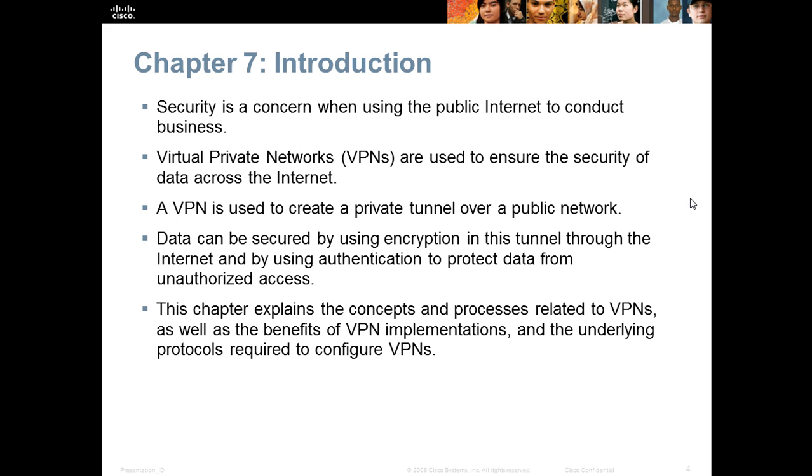Data can be secured by using encryption in this tunnel through the internet and by using authentication to protect data from unauthorized access. Finally, this chapter explains the concepts and processes related to VPNs, as well as the benefits of implementing a VPN and the underlying protocols required to configure virtual private networks.